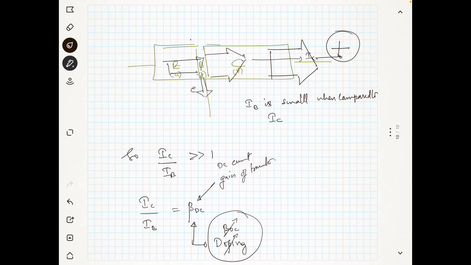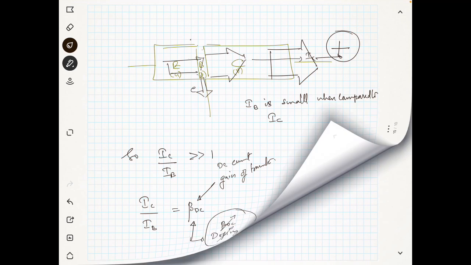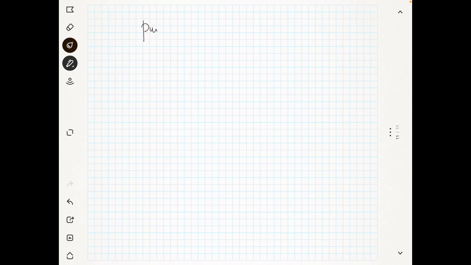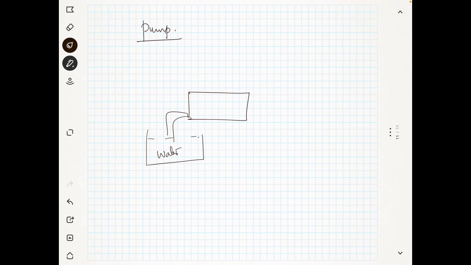So you can view this like a pump. You are actually creating a pump. If you have something like a water pump, okay, this is water, and this is a pump, and this is the output of the pump. Water will be coming out here.